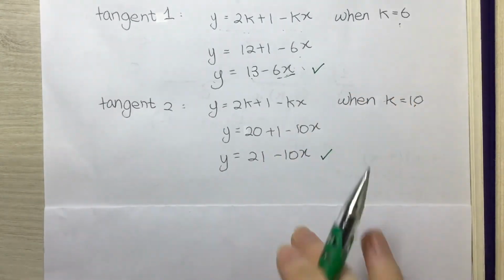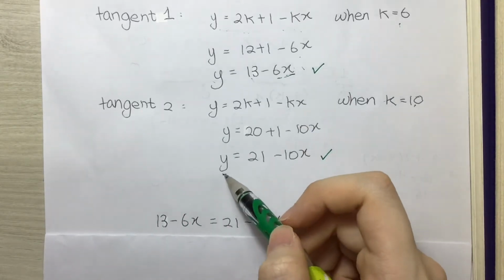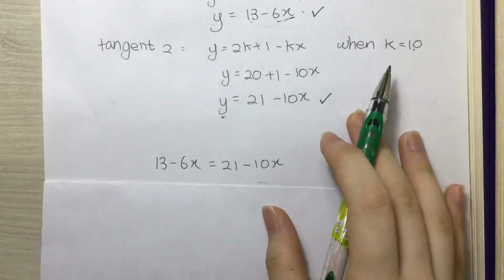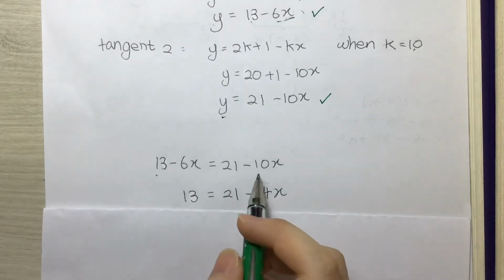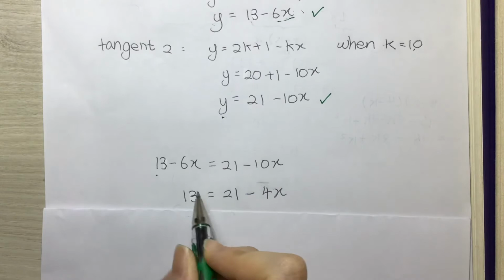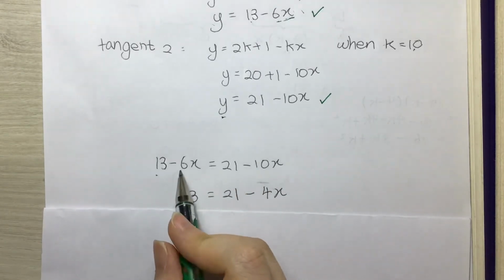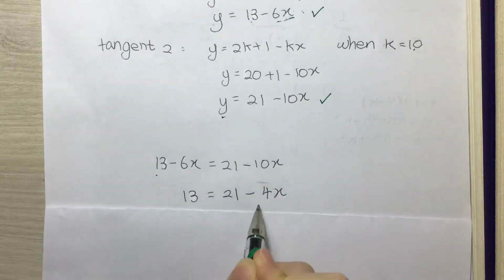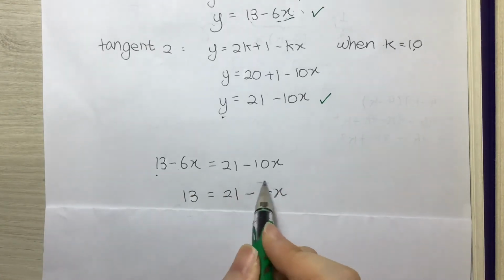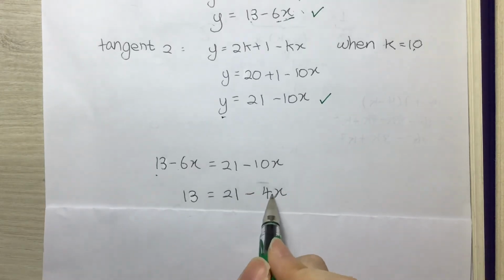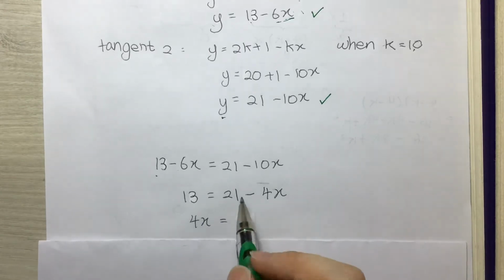So using these two equations, all you have to do is to equate them together because they have the common y. When you equate them together, move everything from one side to the other side. Try to move the x. As you move the negative 6x to this side, the negative becomes a positive. So this side changes from negative 10x to negative 4x because it's plus 6x.